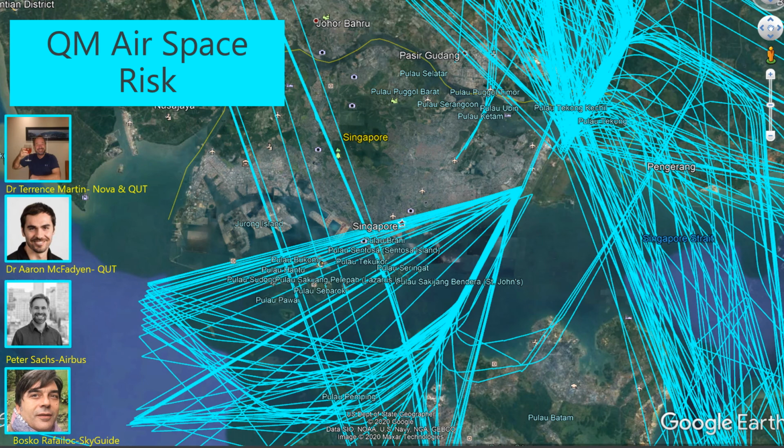Now, the slide shown here is 20 of the same flights flown over the course of a month in Singapore. Typically, if I pose the question to an ATC or a member of the general public, would you let a UAV fly here?